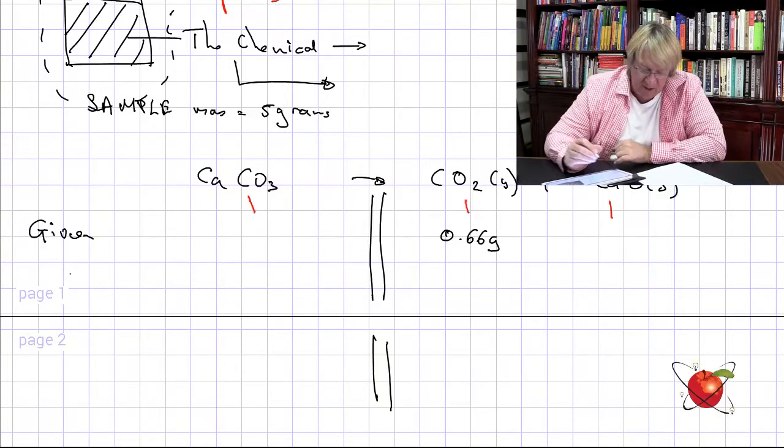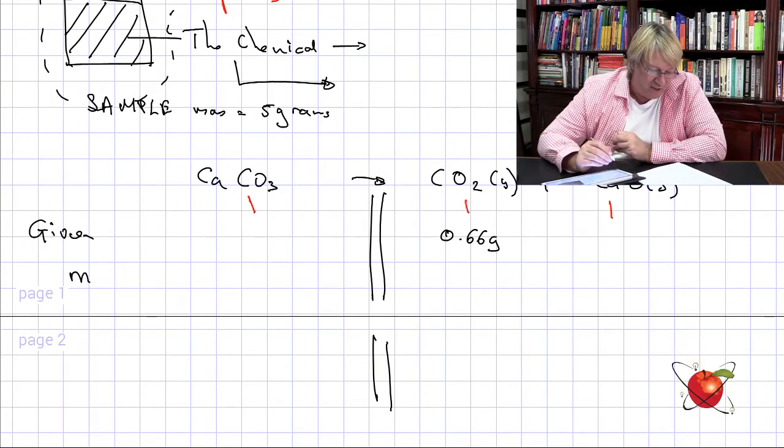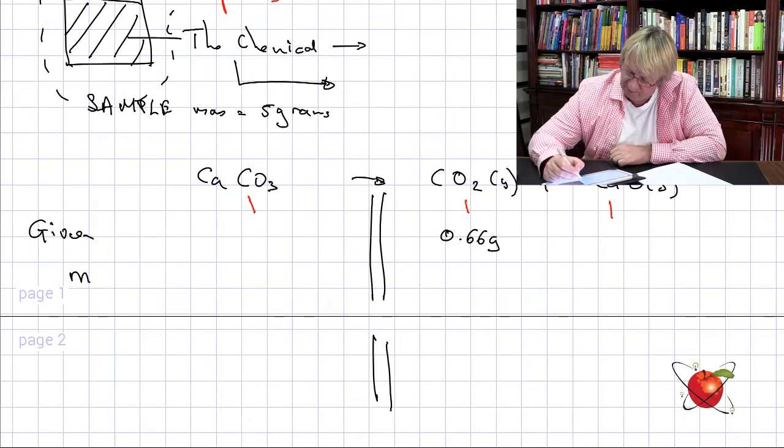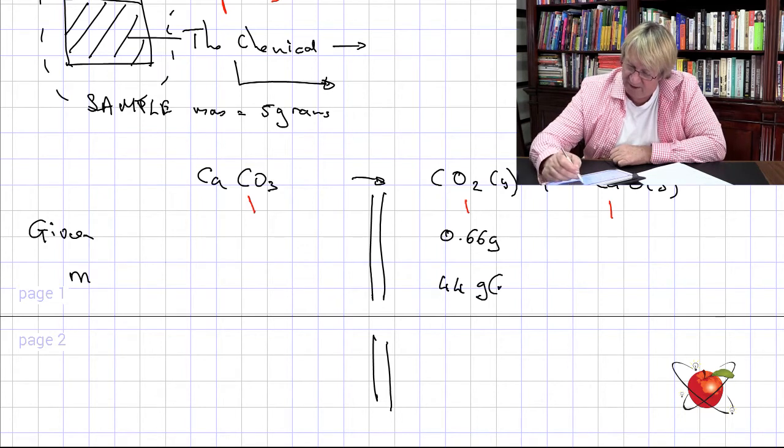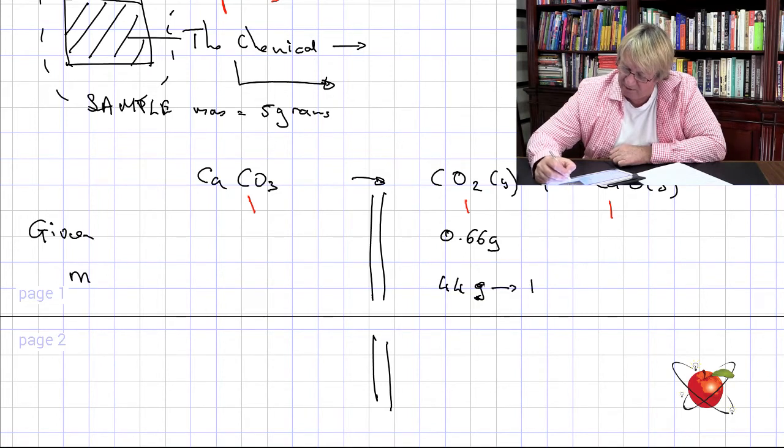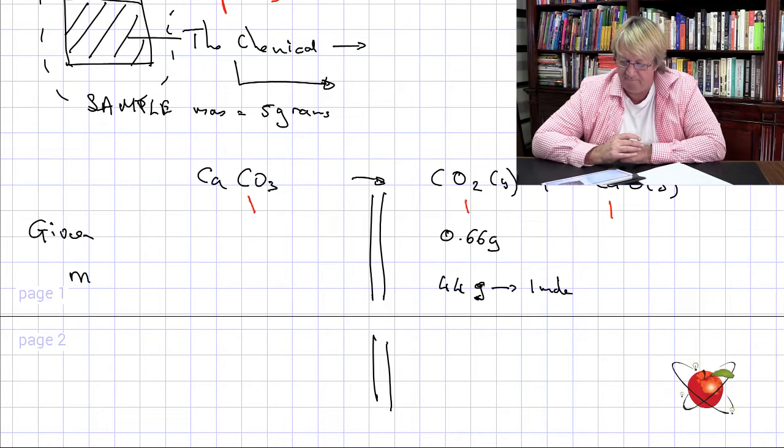That's what we always do. Most information is there. So let us put down the molecular mass of this, and we say, okay, it is 44 grams per mole. Okay, 44 grams for 1 mole, right?